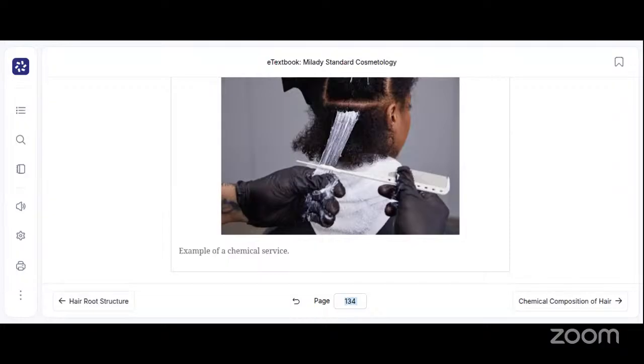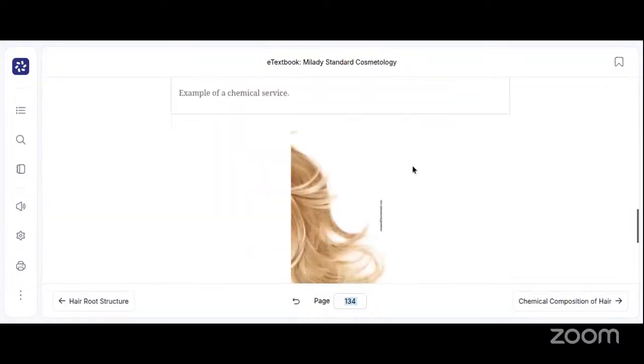We lock that in with a neutralizer, but every time we want to change that texture permanently, we will use a chemical. And we will have to go through the cuticles to get to the cortex where the chemical can break down the texture of hair. And so that should be a fun thing to learn too, because chemicals are still so popular. All right, so it's just a great opportunity.